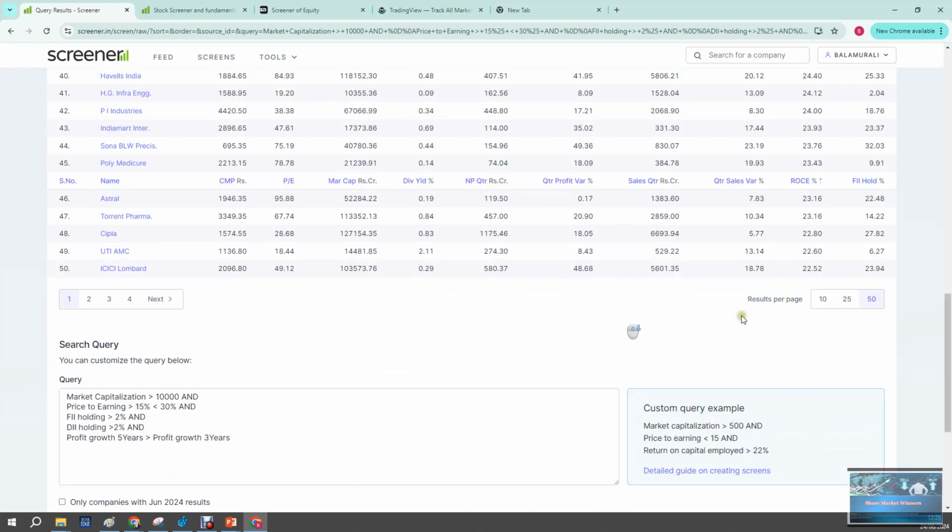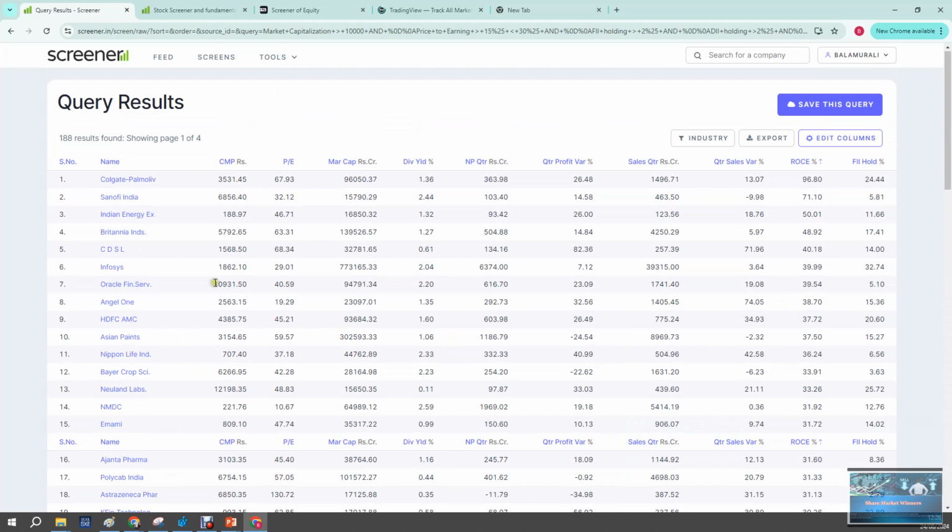Now it might have reduced because the number of stocks which is consistently giving profits, if you compare to before 5 years and after 3 years, whether there is an increase in the profit growth, accordingly it might refine and change. Okay, so this is how you can refine.